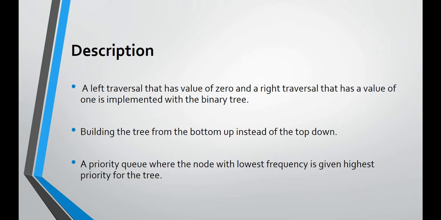Lastly, a left traversal has the value of zero and a right traversal has the value of one within the binary tree. To build the tree, we start from the bottom up instead of the top down, using a priority queue where the node with the lowest frequency is given the highest priority.